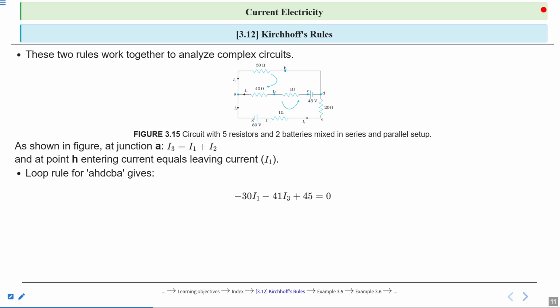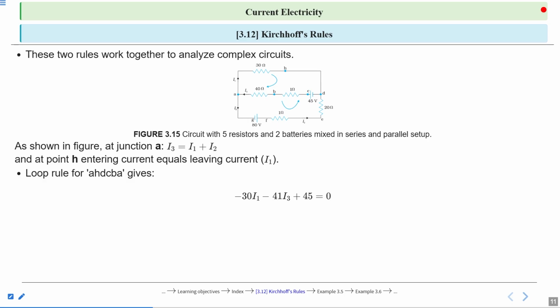Got it? You should remember these two things: moving in the direction of current in a loop, the potential drop we take with a negative sign; moving against the direction of current, the potential drop across the resistor is taken as a positive sign.